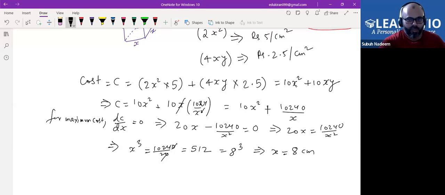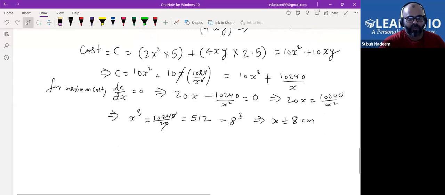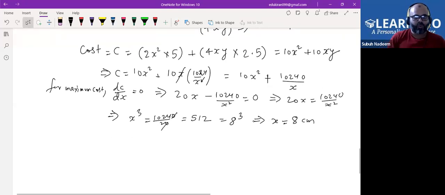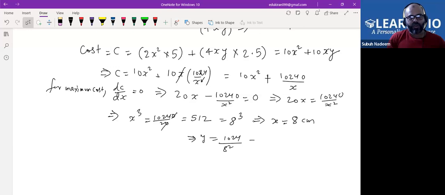centimeter. And similarly, if we want to find y, it will be 1024 by x square, which is 8 square. So 1024 by 64 will be 16.